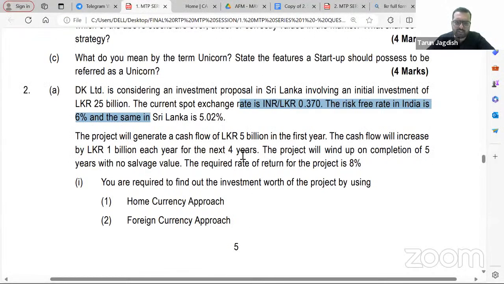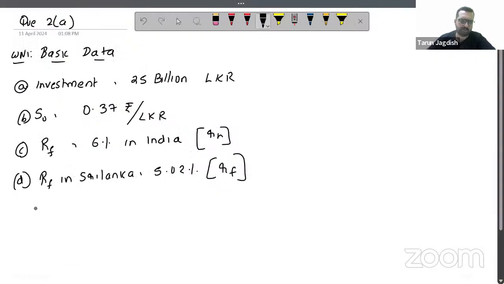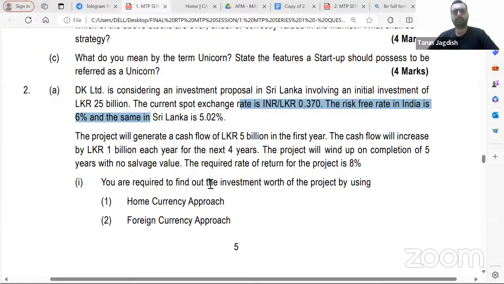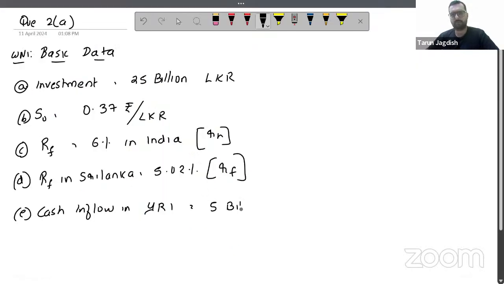The project will generate a cash flow of 5 billion LKR in the first year. Cash inflow in year 1 is going to be 5 billion LKR.